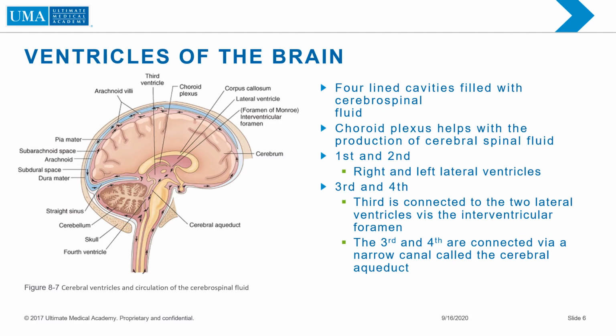The 2 largest ventricles are located within the cerebral hemispheres and are known as the right and left lateral ventricles. The 3rd ventricle is placed behind and below the lateral ventricles. It is connected to the 2 lateral ventricles via the interventricular foramen. The 4th ventricle is situated below the 3rd, in front of the cerebellum and behind the pons and medulla oblongata, the brainstem.